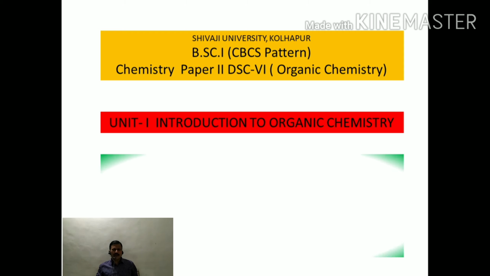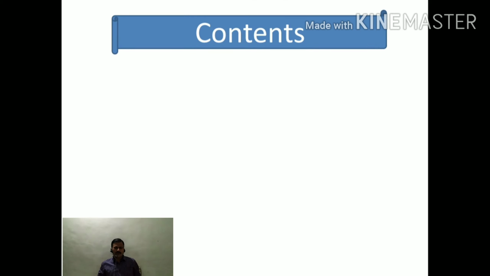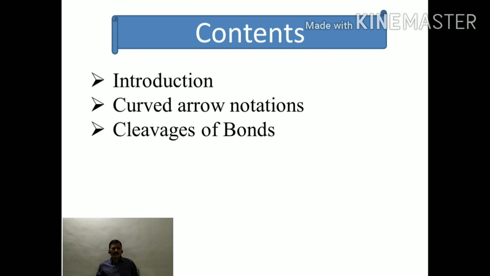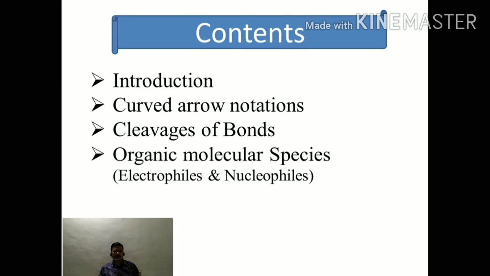This is the outline of my presentation in today's lecture. We will discuss introduction. After that, curve arrow notations and cleavages of bonds with respect to organic molecular species, that is electrophiles and nucleophiles.